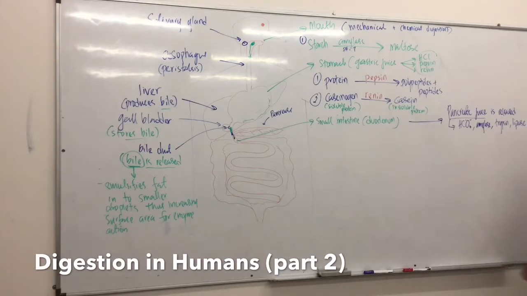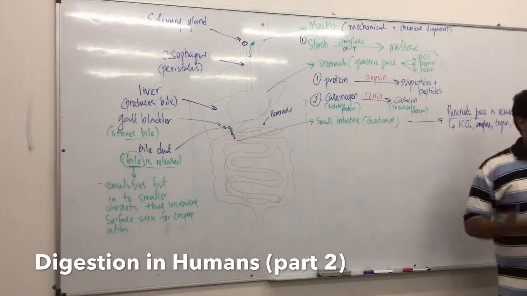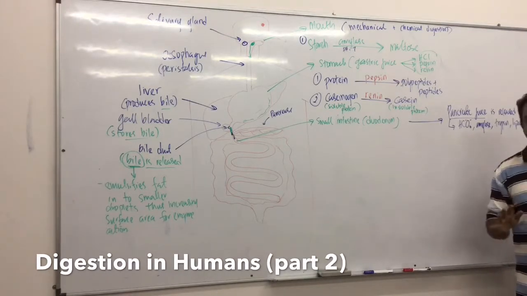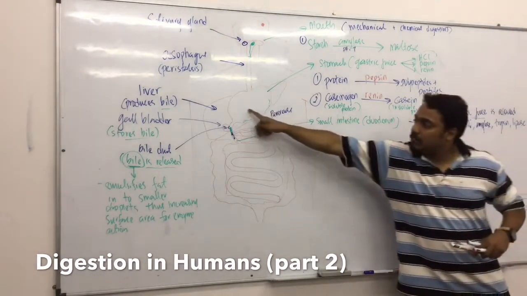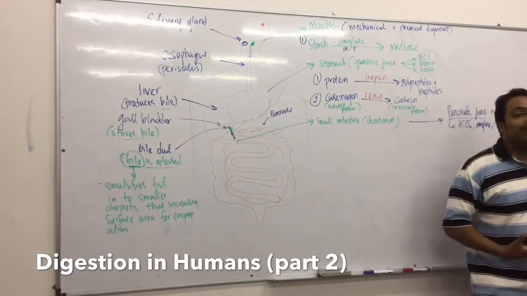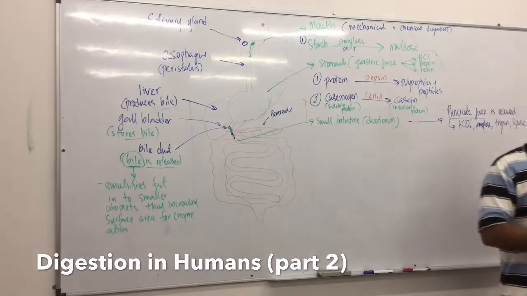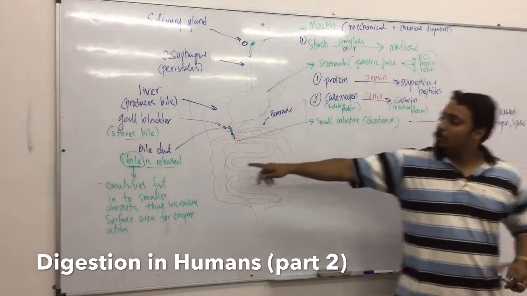The problem is, the small intestine needs to be alkaline. The enzymes here function optimally at the alkaline stage, not at the acidic stage. But whatever comes out of your stomach is full of acid. So you need to neutralize this acid and provide the correct medium. Bile will do that as well.